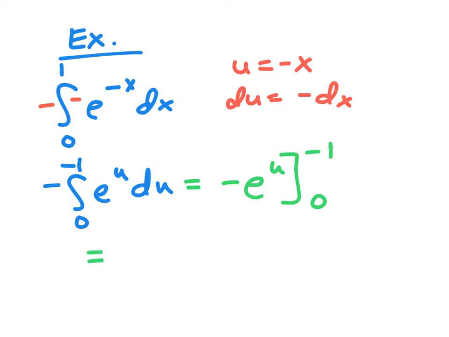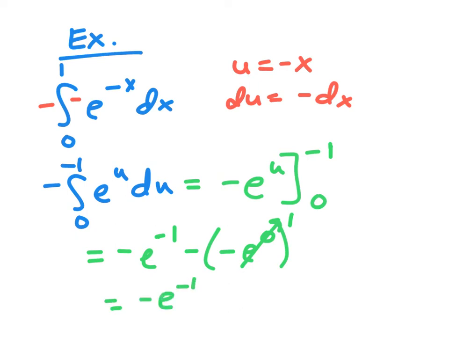And using the fundamental theorem of calculus, I'm going to plug in the top minus the bottom. So negative e to the negative 1 minus negative e to the 0. Well, e to the 0 is just 1. So now I have negative e to the negative 1 plus 1 is the answer to the original definite integral.